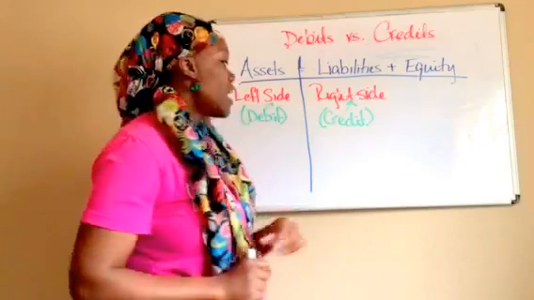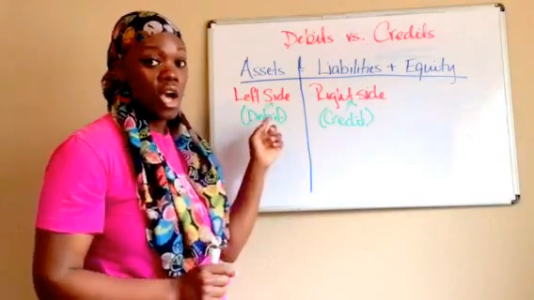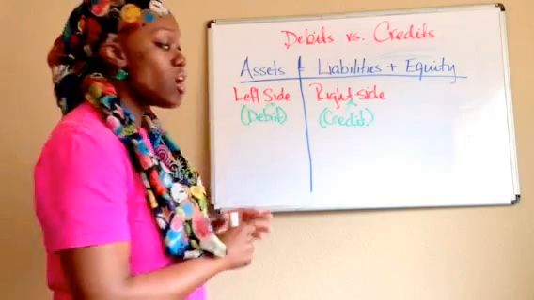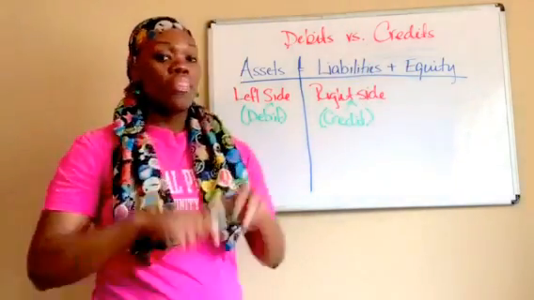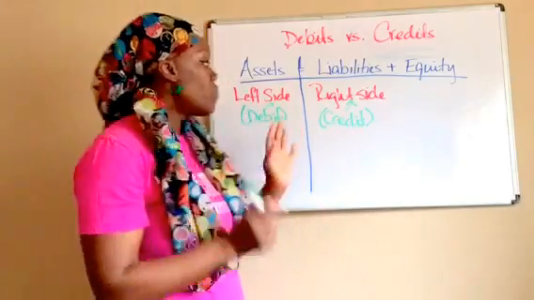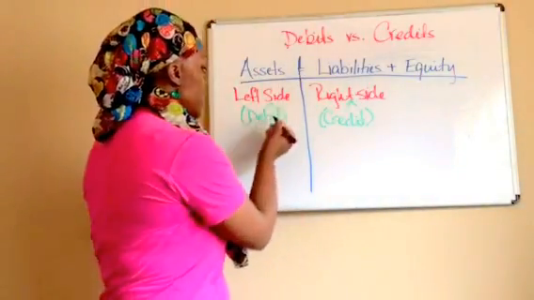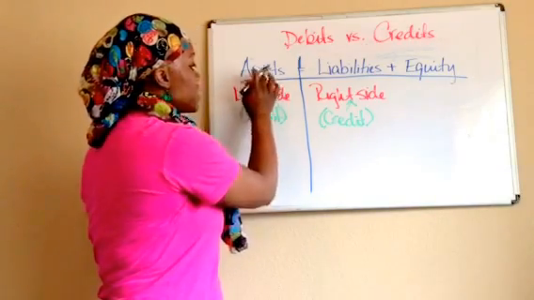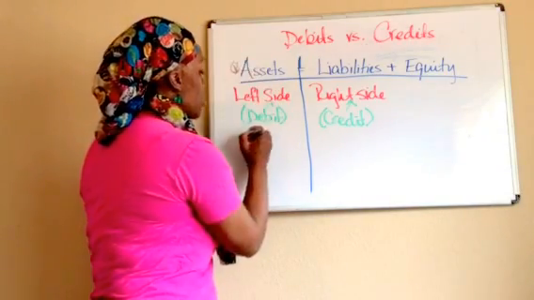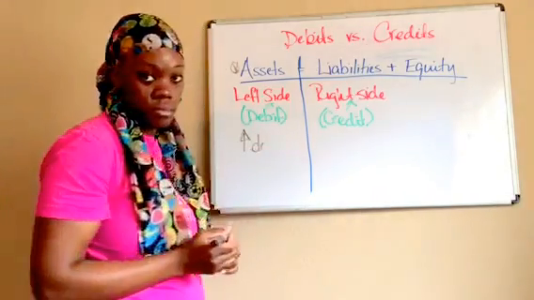So with that being said, what does that mean? Basically, our assets are on our left side and our liabilities and equity are going to be on our right side. Once you understand this framework, what's left is, since debit is our left side, our asset accounts are going to increase with a debit.